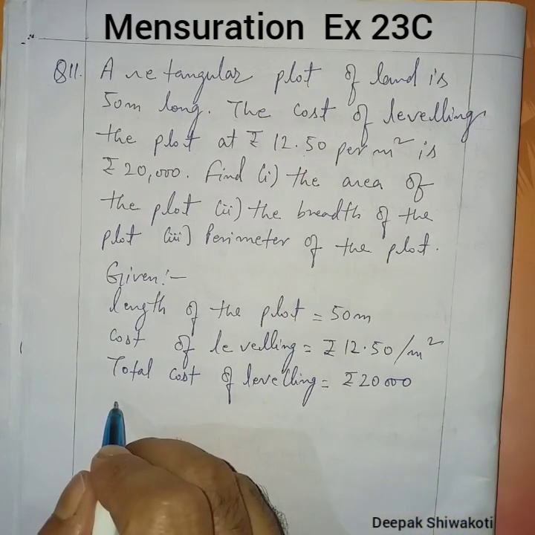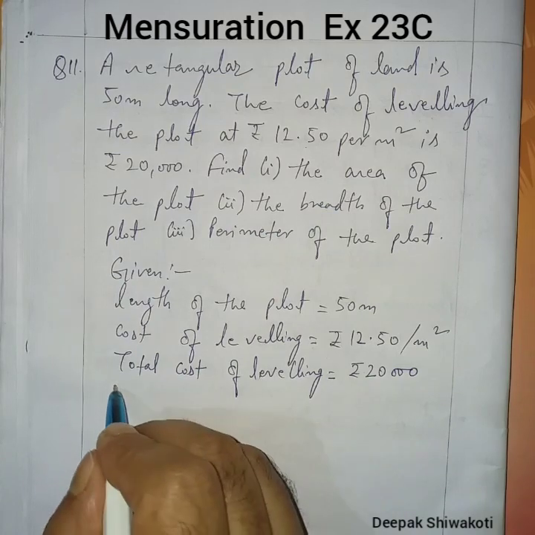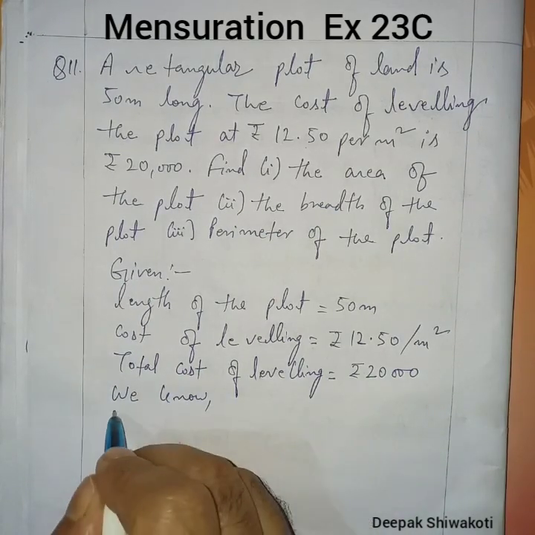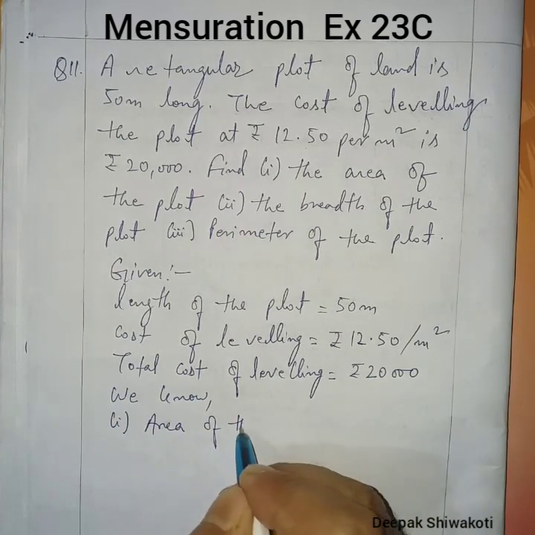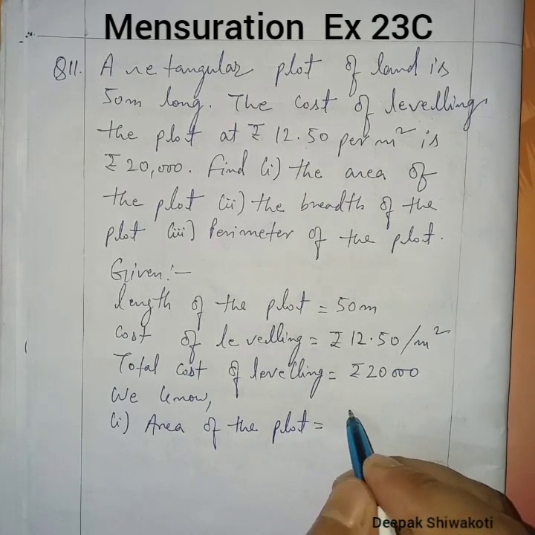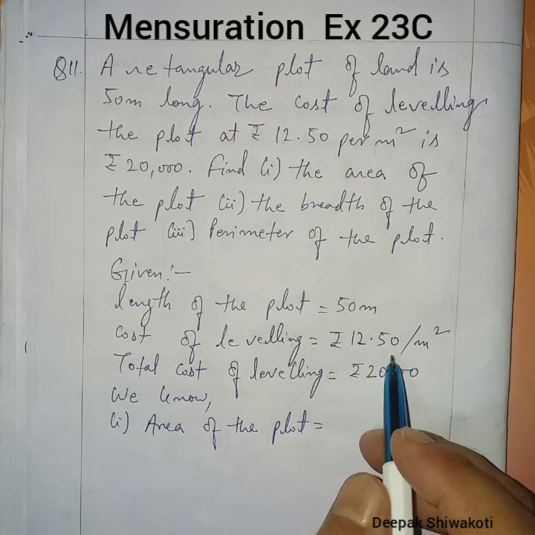Now we know, number 1, area of the plot is equal to total cost by cost per meter square.